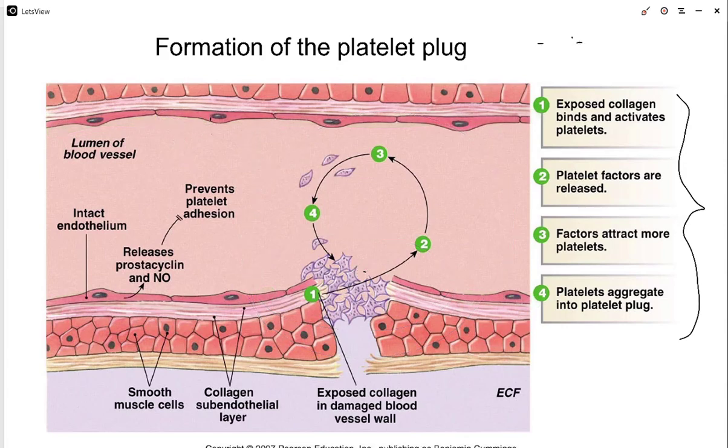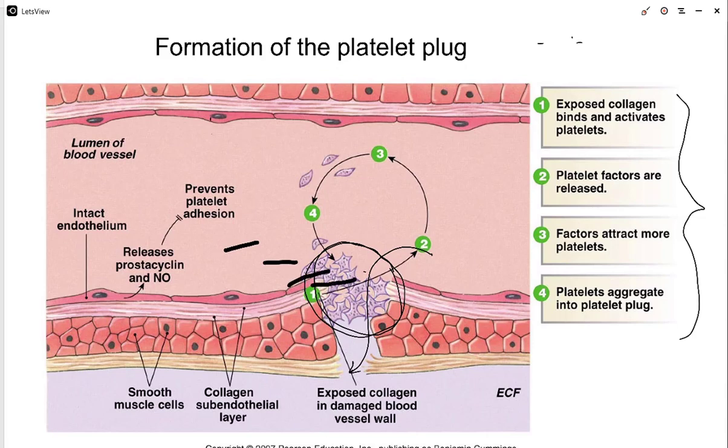Okay, a platelet plug is a literal stopgap measure. It will slow the flow of blood out through the injury, but it won't stop it. So here's what we're going to do. We're going to need to reinforce it with a thick fibrous rope. So that thick fibrous rope is known as fibrin.